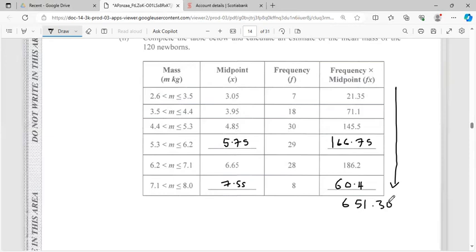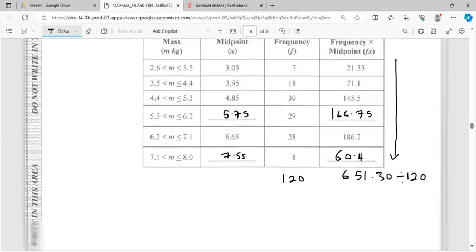And of course, this is the total, and the total frequency is 120. So all we're going to do is divide this by the 120, and that will give us the mean. So divide by 120.